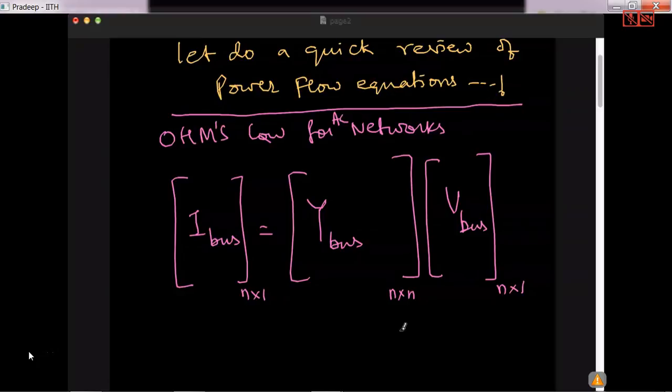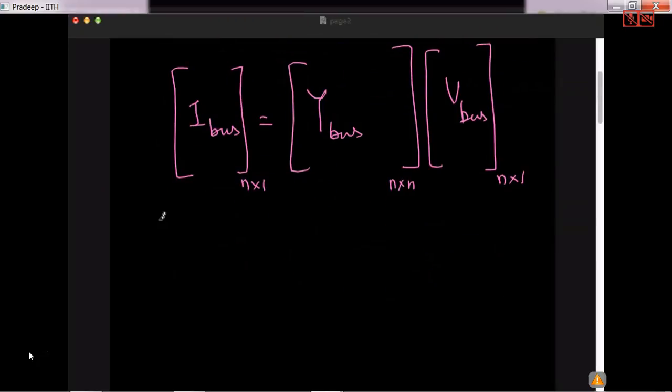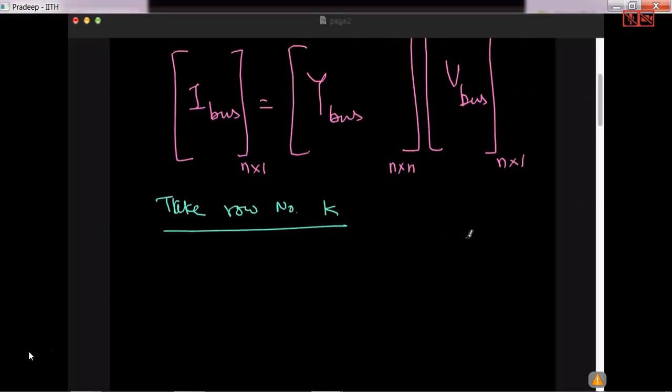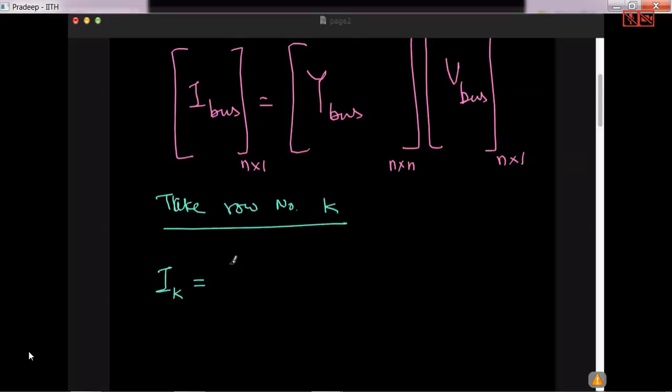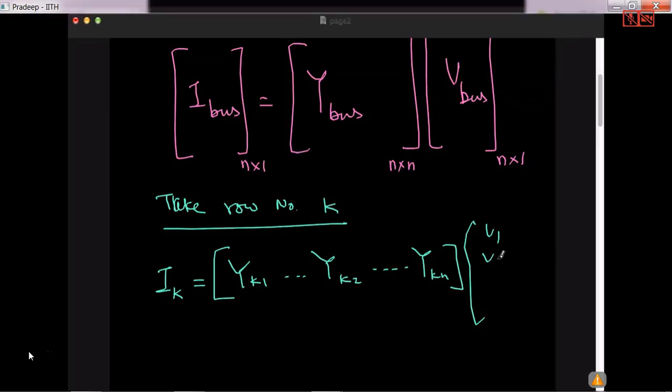So what is the next step? Take row number k. So if I take the row number k, then I have Yk1, Yk2, this is just the row, Ykn, multiplied by V1, V2, Vn.